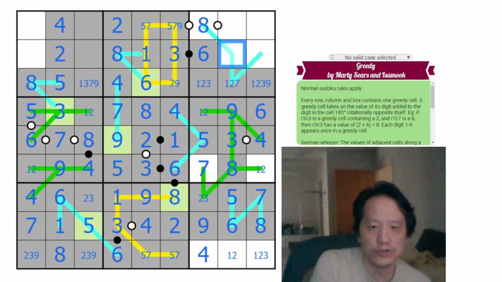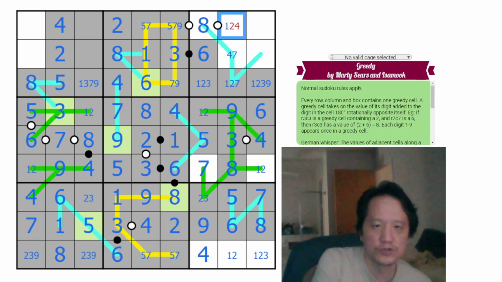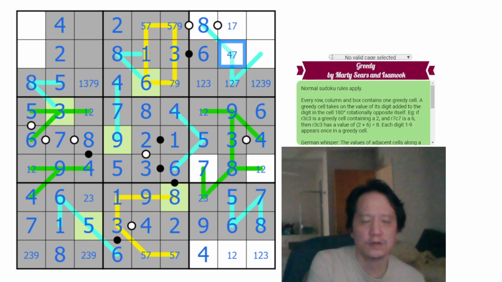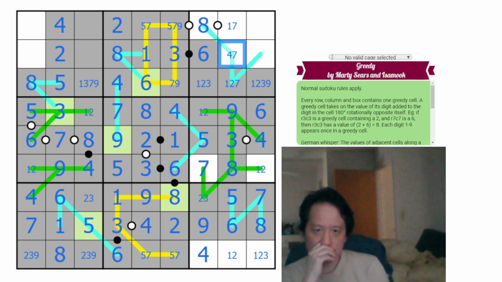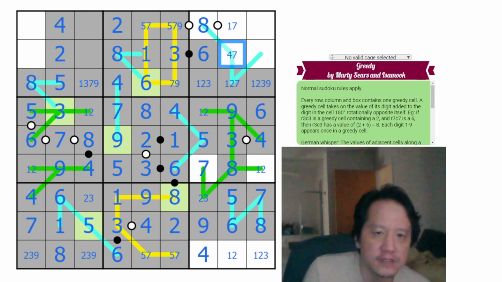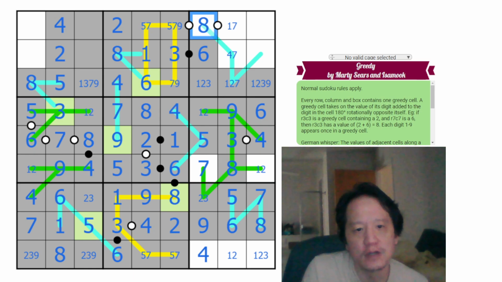Okay, so this is 1, 2, 4, 7. This is consecutive, so this cannot be greedy. Because yeah, if it were greedy, it would have to be at least 10.